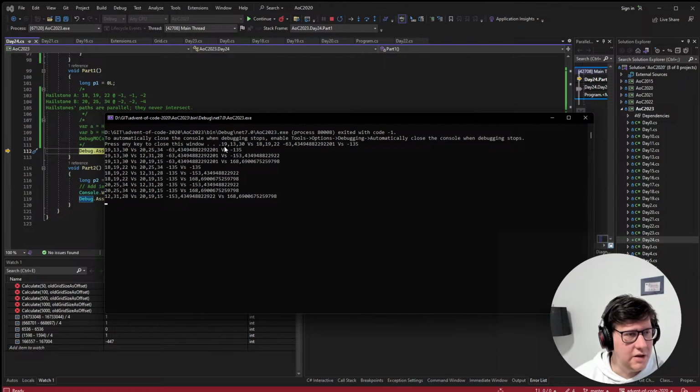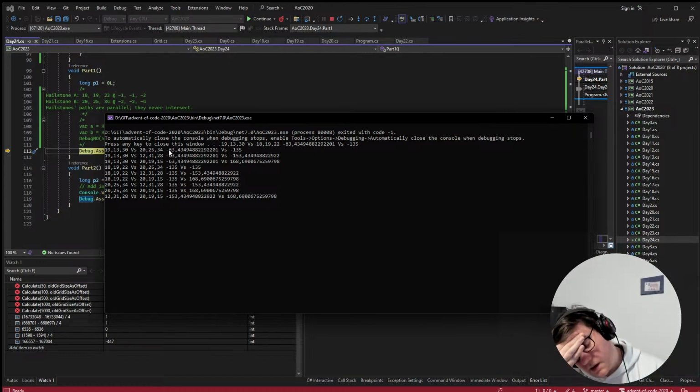So let me see. Now I need to turn this into knowing whether or not they will intersect. Let me think. So this one is going down, this one is going up more.